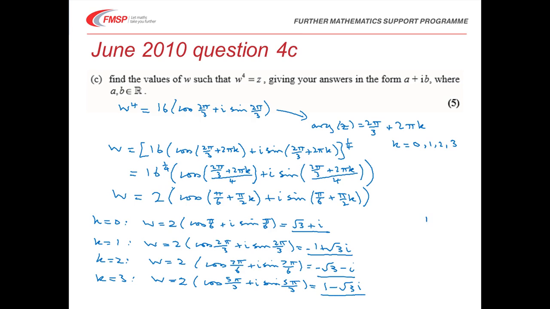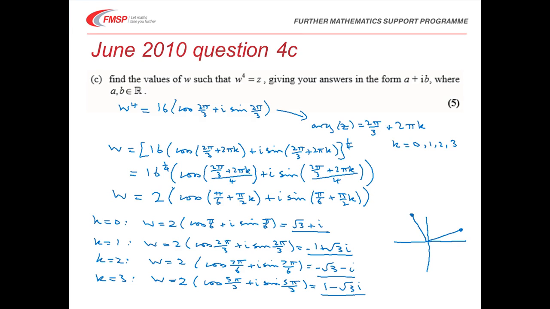And if I just do an extra little quick Argand diagram, you can see why we had to add on the extra 2 pi k. So when k is 0, I get the first, perhaps more obvious answer for w. When k is 1, I get the solution which is an extra pi by 2 ahead of that solution. So it's about there.